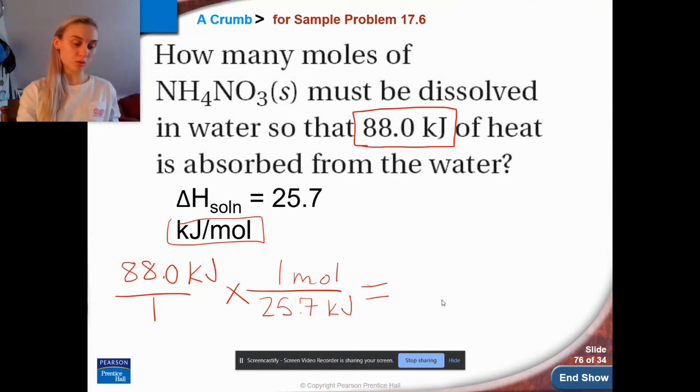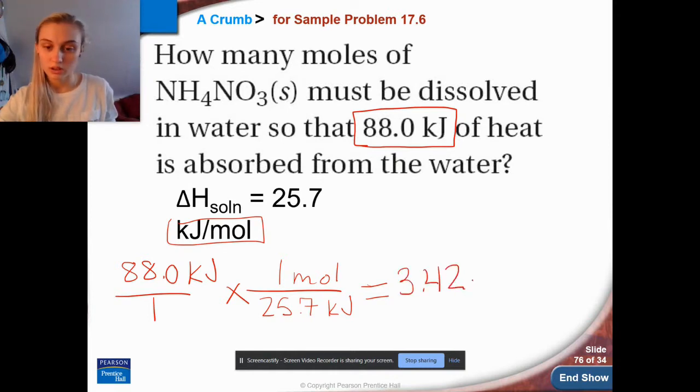So I'm going to do 88.0 divided by 25.7. And I get 3.42 moles. And that is our answer for this.